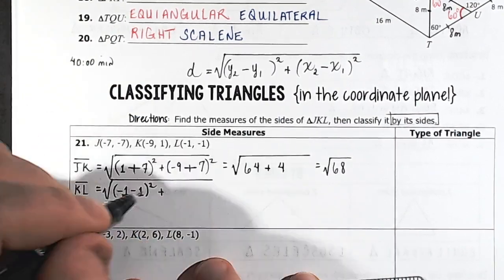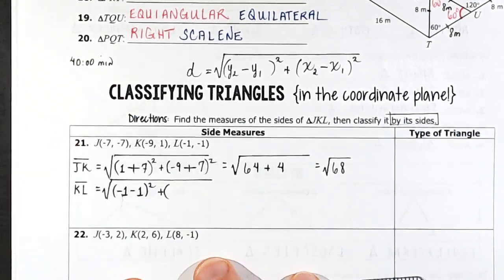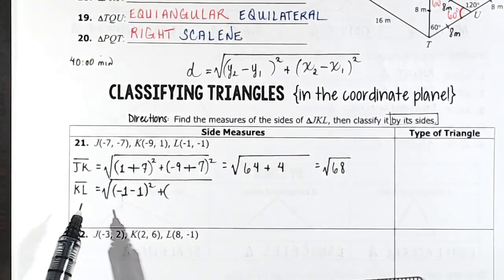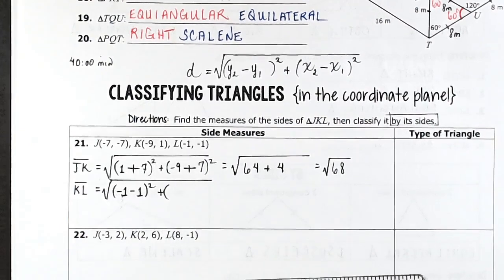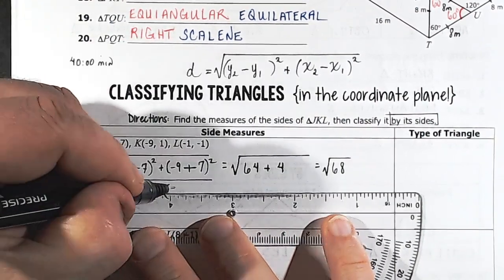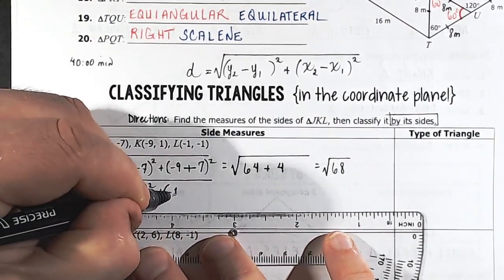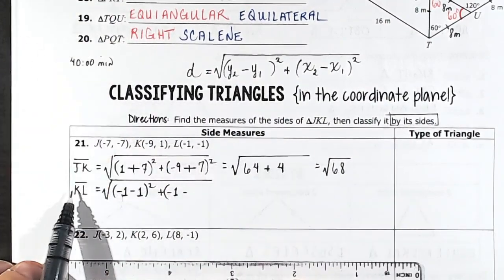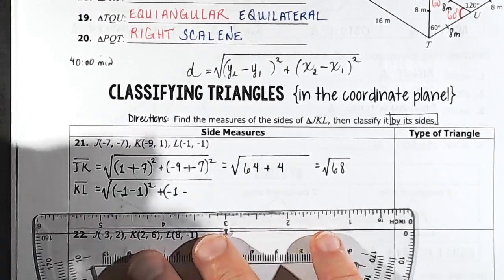plus, in open parentheses. Now I need to do the same thing for the x values. First I'm looking at the x value of the L coordinate, that's x2, negative 1, minus the x value of the K coordinate, which is negative 9.